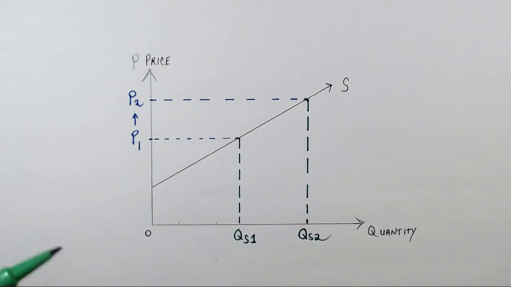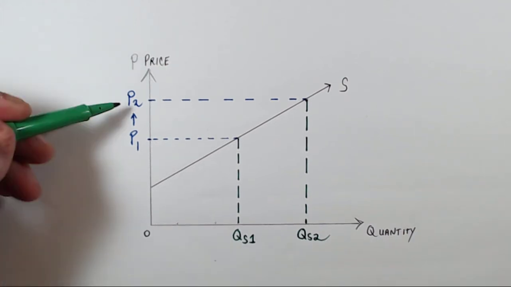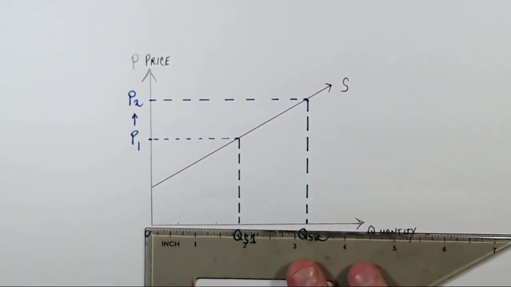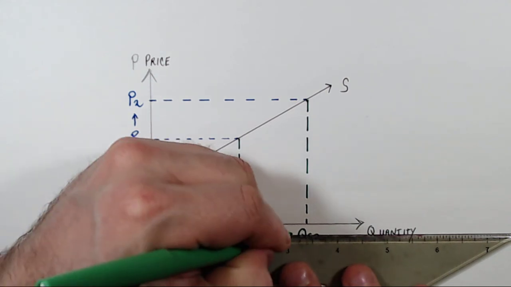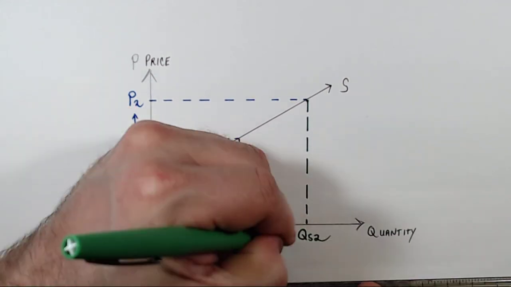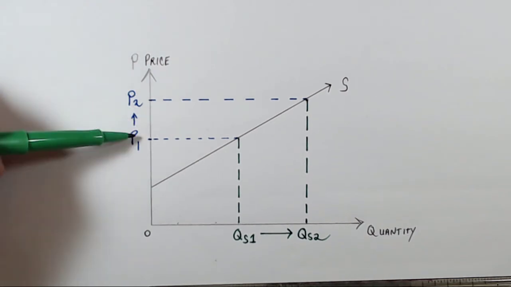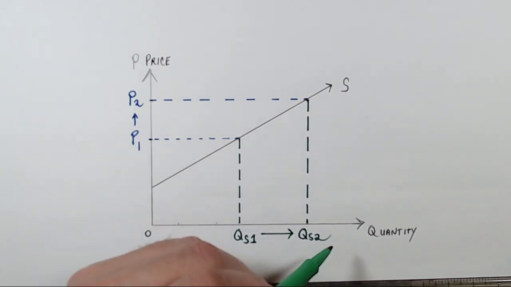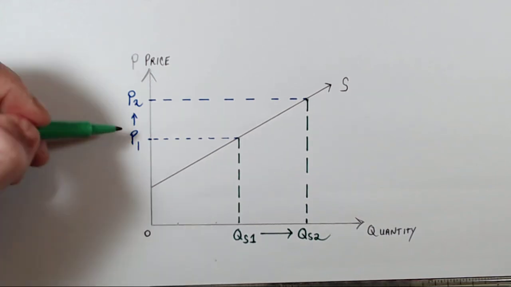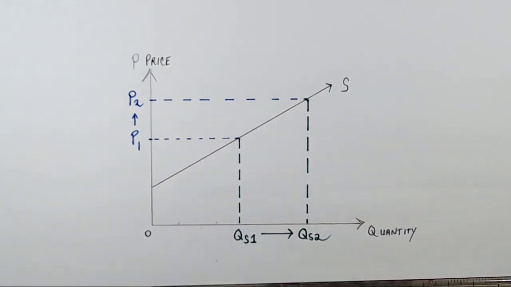Now, what do we notice? Price increased from P sub 1 to P sub 2, and quantity supplied increased. So we see a positive correlation between price and quantity. When price goes up, quantity supplied goes up. Let's see what happens when price goes down.